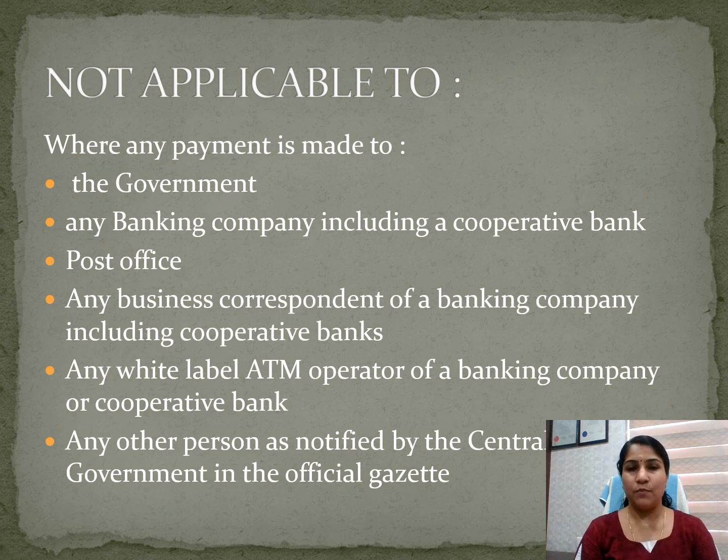Where any payment is made to the government, any banking company including a cooperative bank, post office, any business correspondent of a banking company including cooperative bank, any white label ATM operator of a banking company or a cooperative bank, any other person as notified by the central government in the official gazette. So for 6 categories of payments, section 194N will not apply, and all these 6 persons have to be on the recipient side for 194N not to apply to that payment.